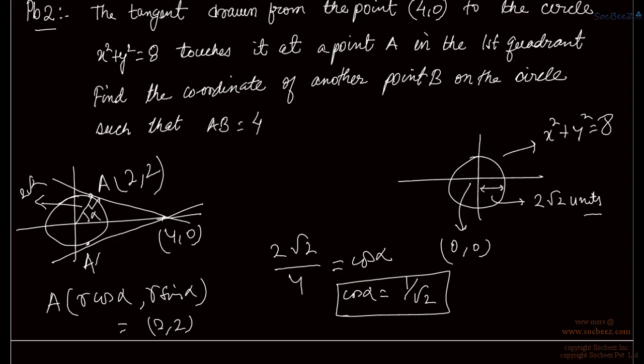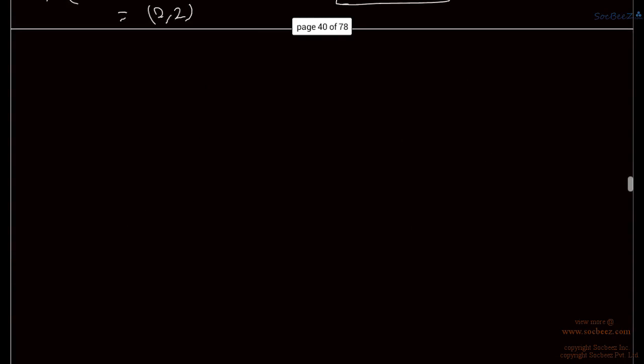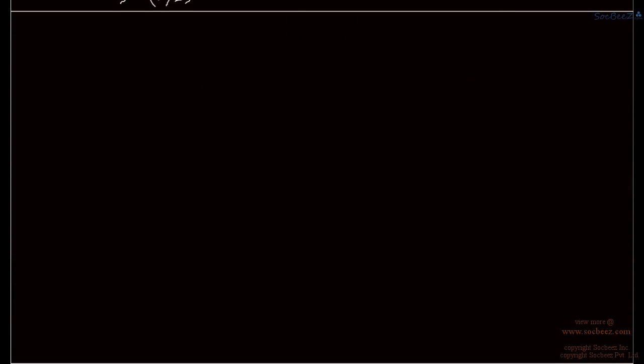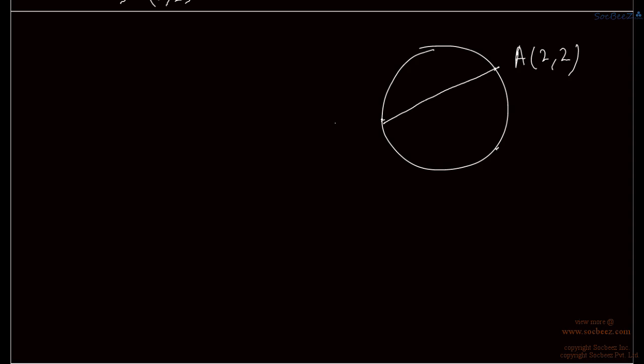Now we have to find a point B on the circle which is at a distance of 4. See, here it is written AB is equal to 4. So at a distance 4 from point A. So we have a circle and we have a point A, say this is point A (2, 2), and we are going to find point B, which is at a distance of 4 units.